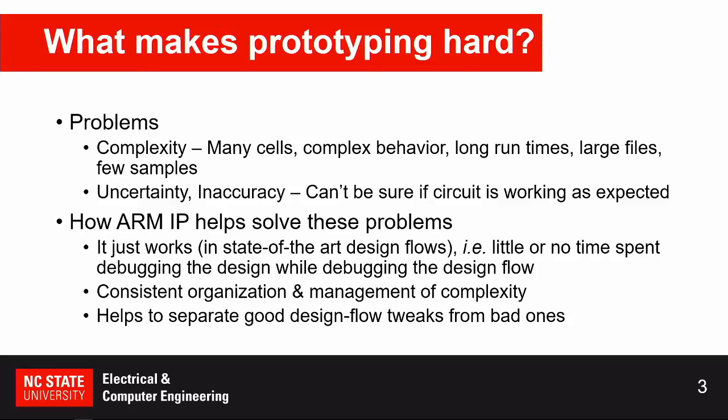So to make it short and sweet, what's the main message that I'm trying to get across? The first is that what makes it hard is essentially complexity. You've got lots of cells and lots of behavior, which makes it very difficult to know how much power they're going to dissipate, how fast they're going to run.